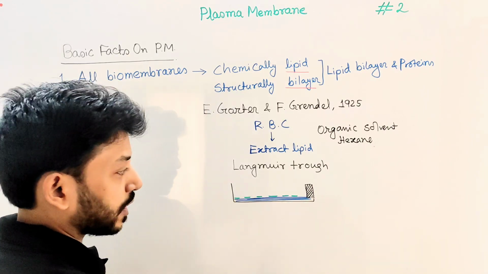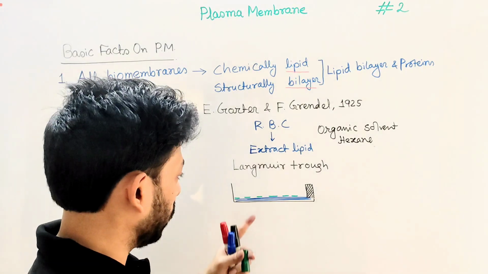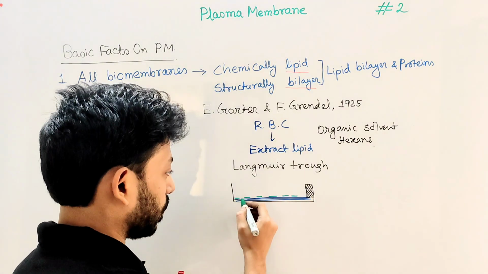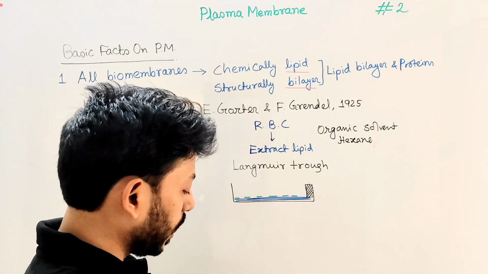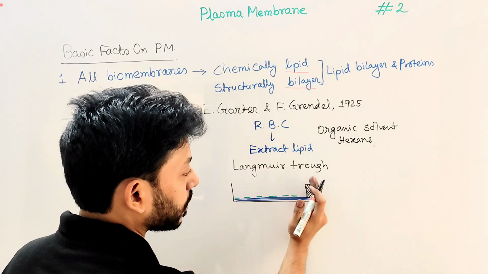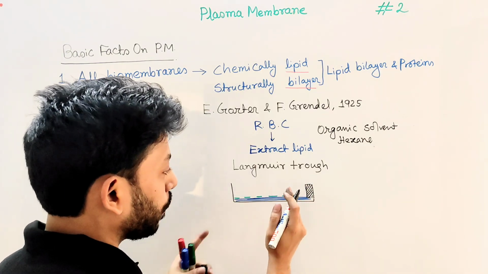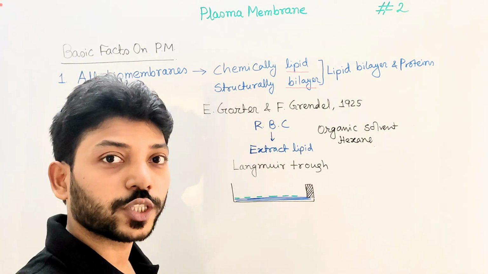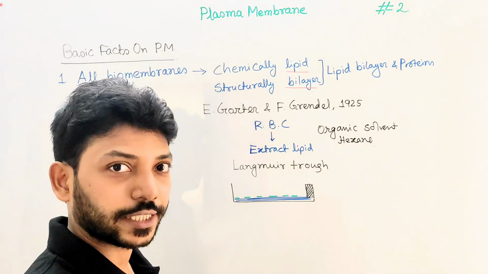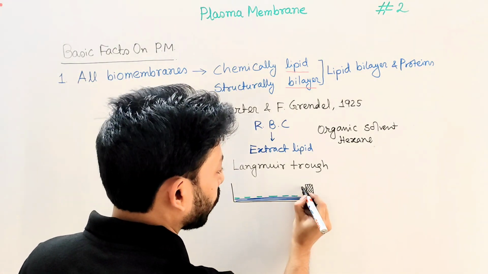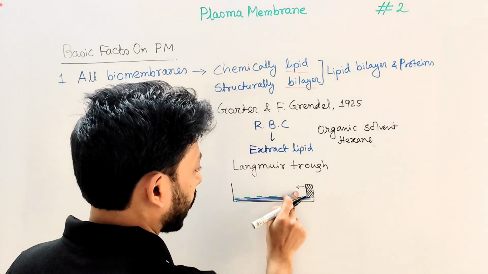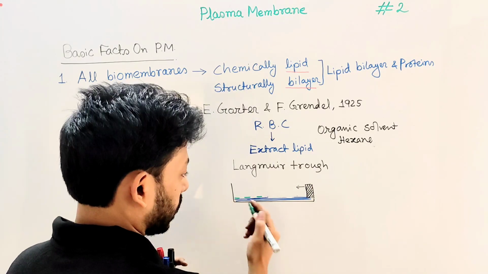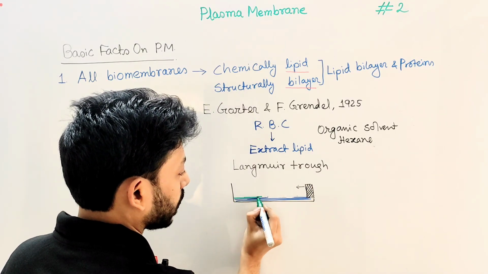And we know that if we put oil on water, there must be some gaps between the lipids. So we can move these movable barriers to compress the lipid molecules to the smallest possible area, and by this way the lipids are compressed and there is no gap between them.